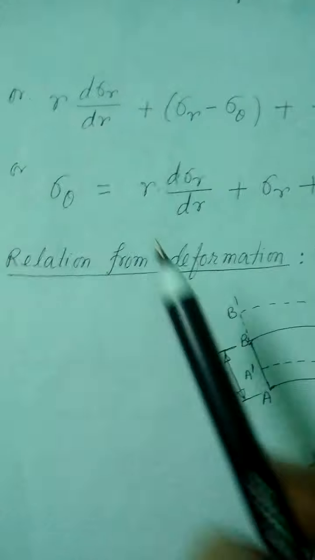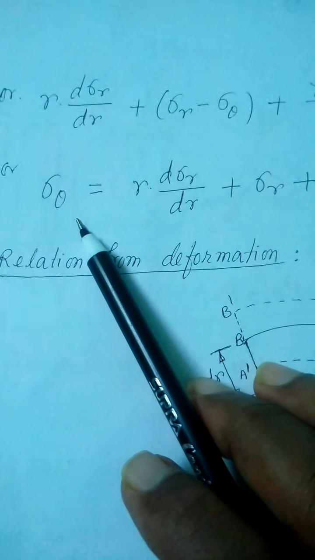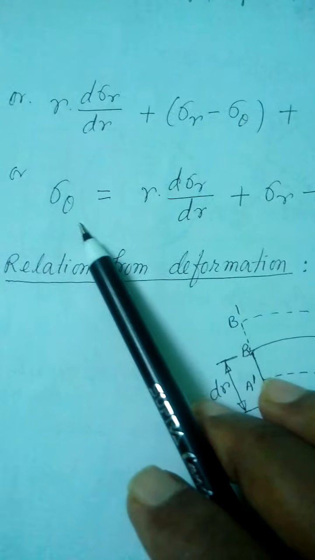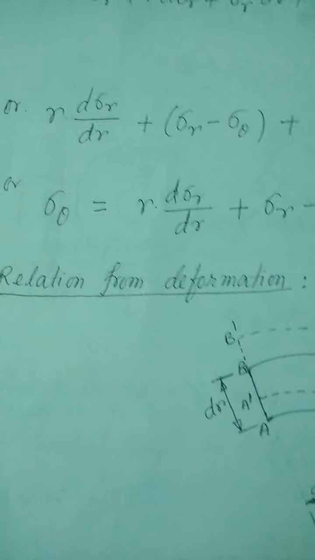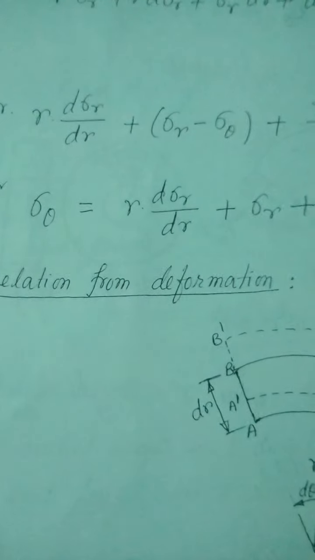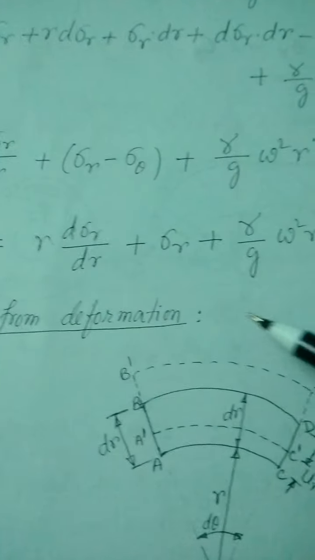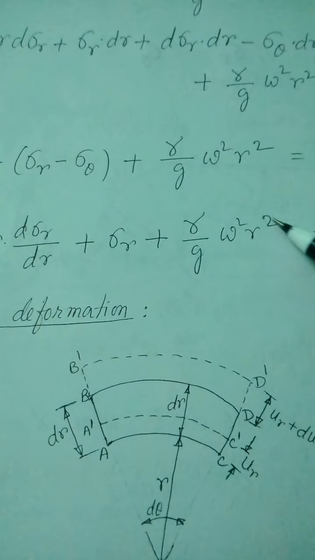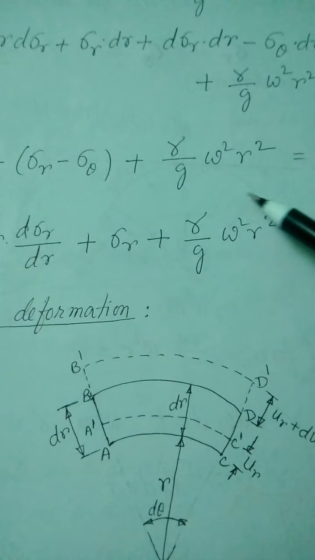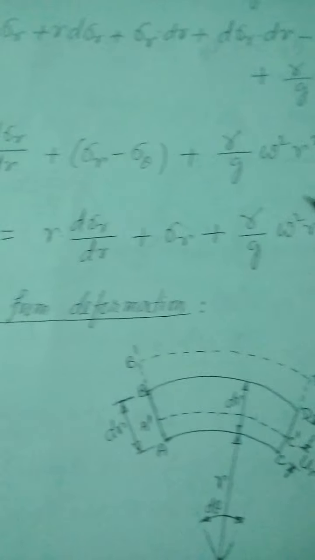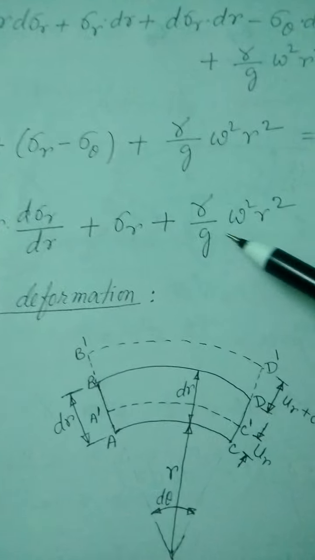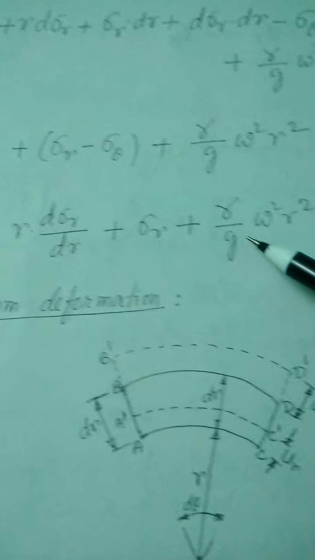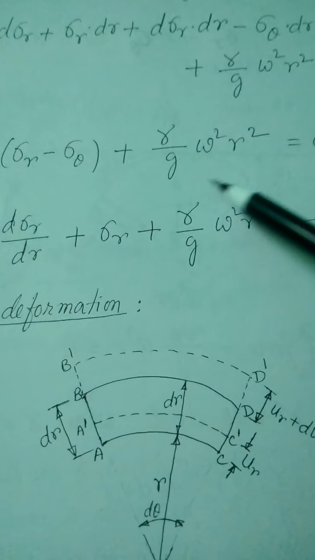Now this is the equation which we have done in equation number 1 of thick cylinder part. This is nothing but this one, same equation with an extra term, this term. This term is the centrifugal force. This is for the centrifugal force, but this is not the force. This is actually the total part in Newton per meter square.